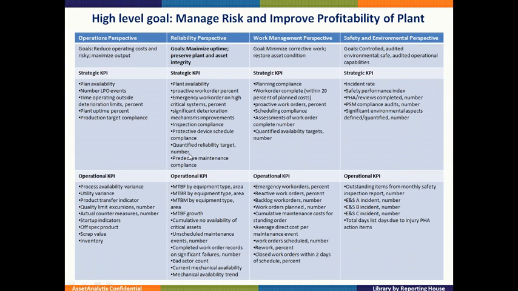This is the way they differentiated. Most of these strategic ones will be lagging indicators, and the operational ones will in most cases be leading indicators. This could be done at a department level, at a functional level, so you can divide based on how you think you can best manage it.